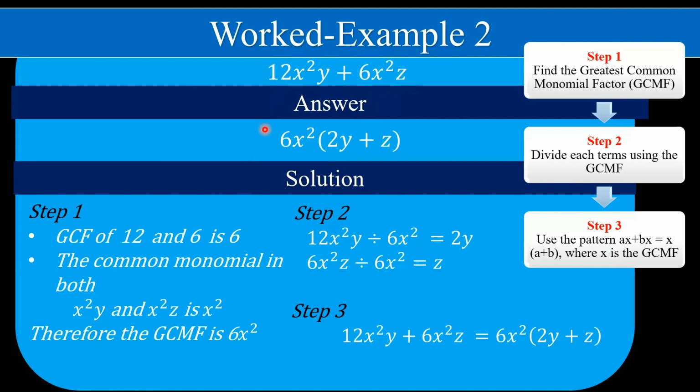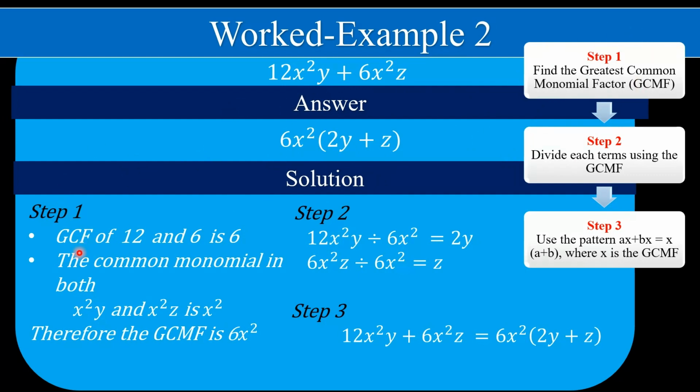The answer for this is 6x squared times 2y plus z. Now, what's the point here? This is the answer. Following the steps, we can answer the question on how we arrived at this, or sa atong gibuhat ano mo ito answer.